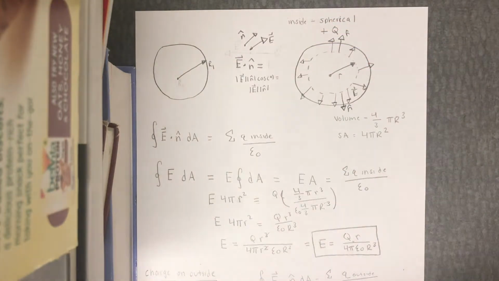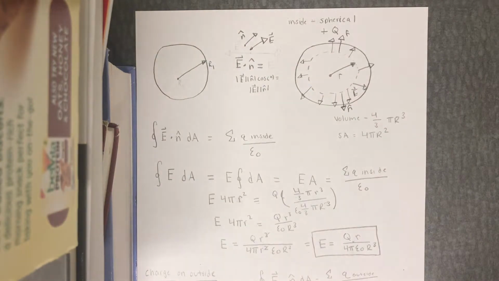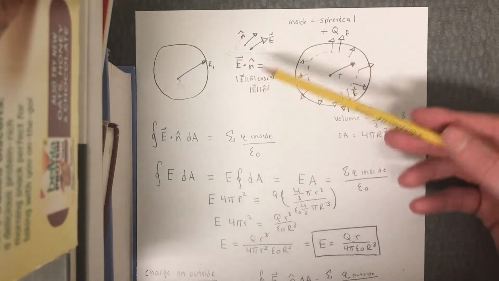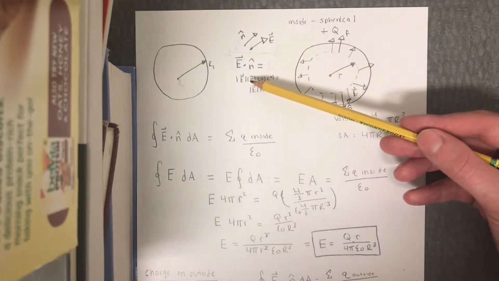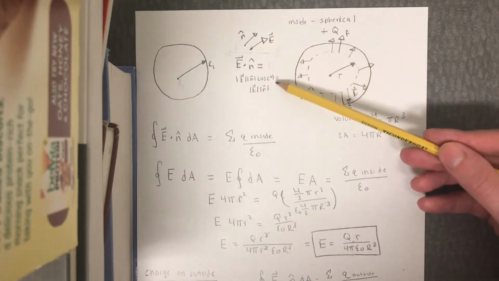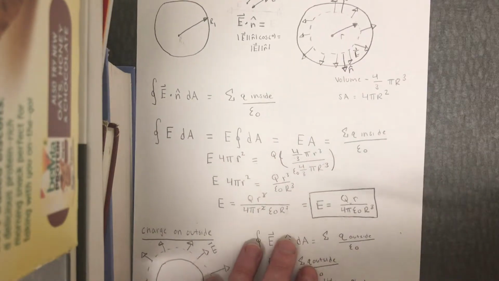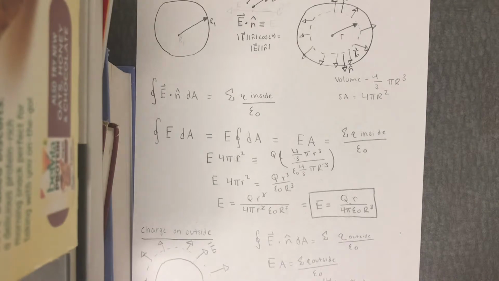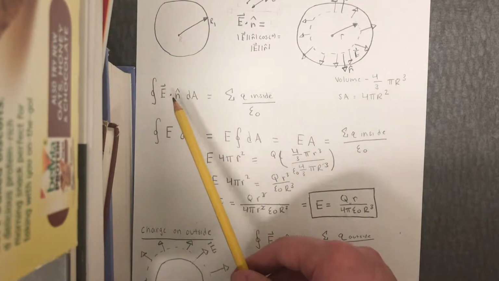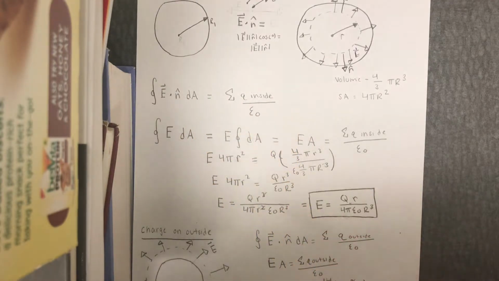So n hat and E are both parallel to one another, so E dot n hat is equal to the magnitude of E times the magnitude of n hat times cosine of 0, since they're parallel, and we're just left with E. So using Gauss's law, the closed surface integral of E dot n hat dA is equal to the sum of the total charges inside over epsilon naught.